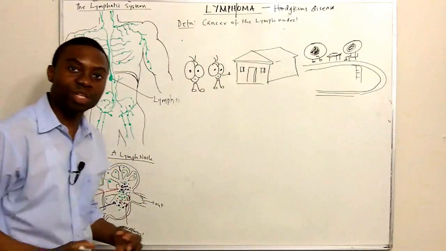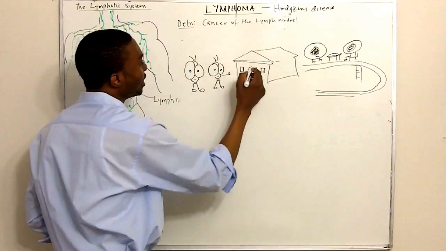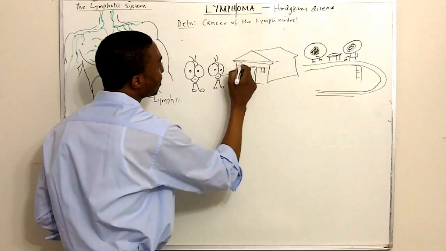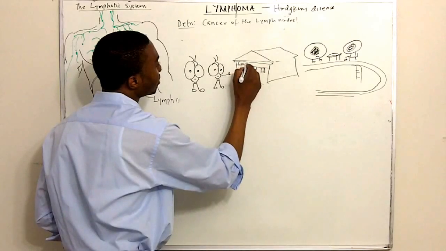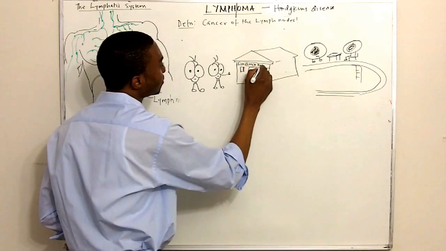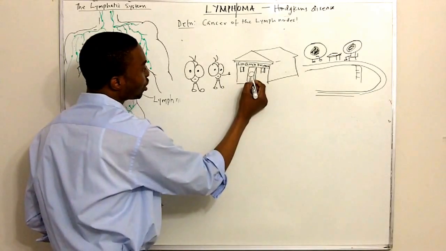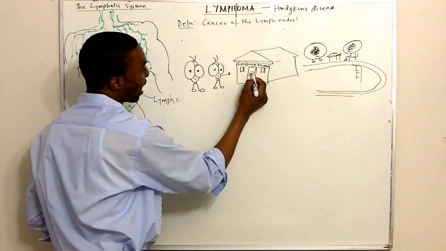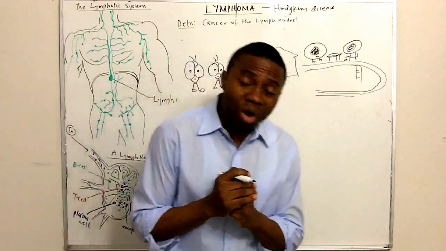So the Reed-Sternberg cells knock on the door. They heard about the pool party, and remember, this is the lymphocyte residence. A B cell shows up. It's like, how can I help you? They said, oh, we're just walking by.